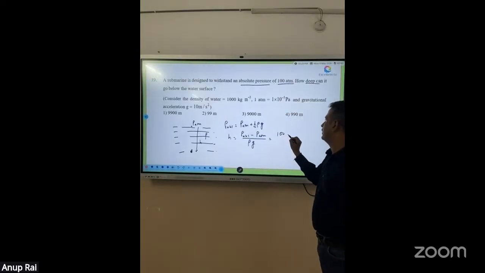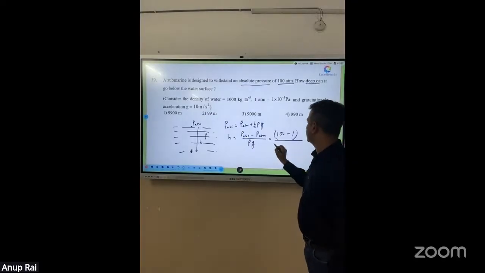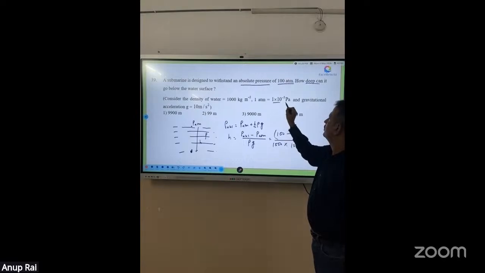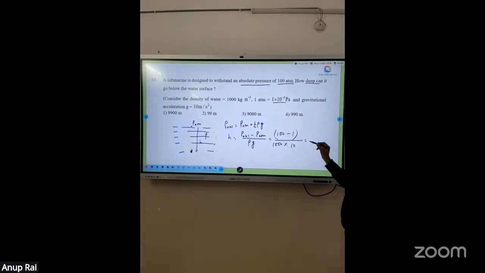This is 100 atm minus 1 atm, divided by density, which is given to be 1000. The g value is 10. Now convert this atm into Newton per meter square because you are putting everything in SI units.